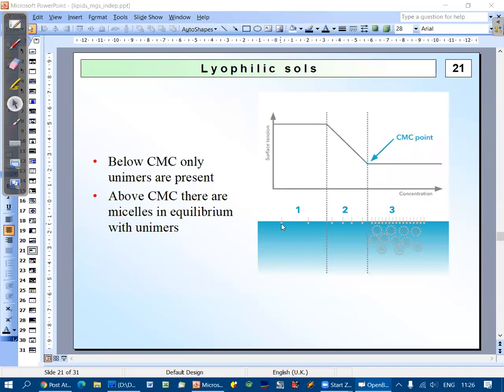When the concentration of colloidal surfactant is very low, there are only a few molecules on the boundary surface. Of course, the surface tension will stay as it is. For example, it's water. The presence of two molecules on the boundary surface won't change the value.